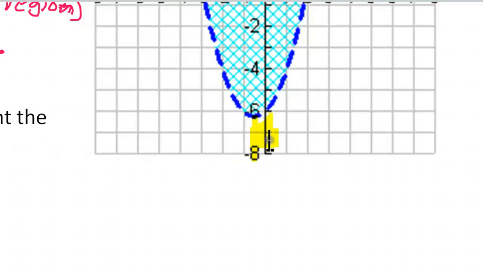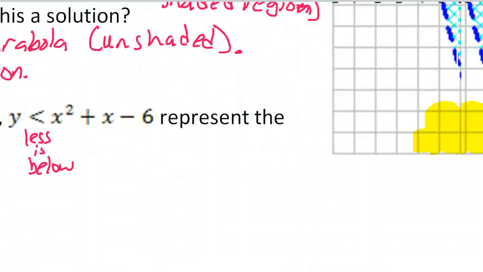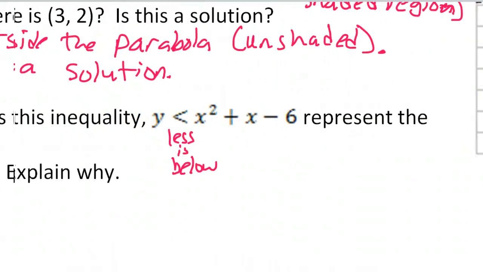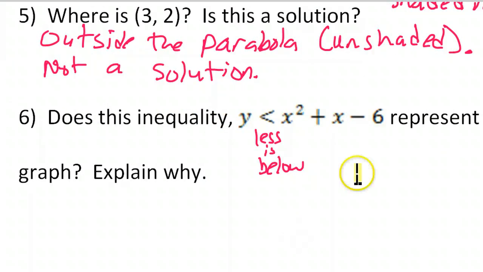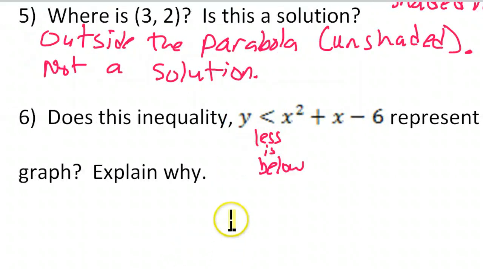And that would wind up shading out here, because this is below the parabola. So this inequality cannot represent the picture that's drawn because the wrong part of the picture is shaded for this. It's shaded above and this says below. So we just have to say something like that.